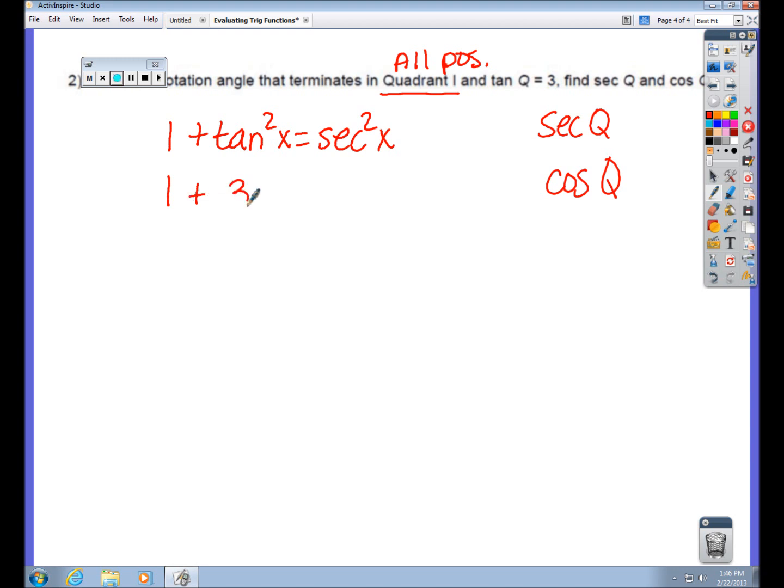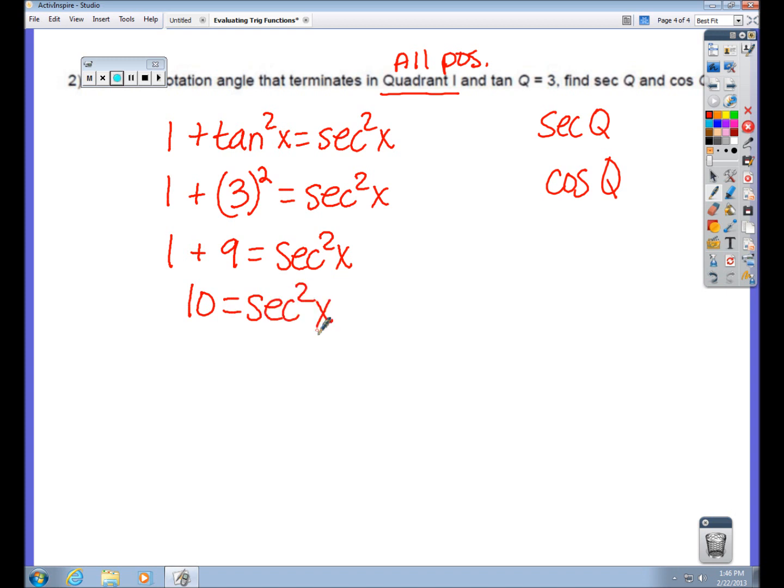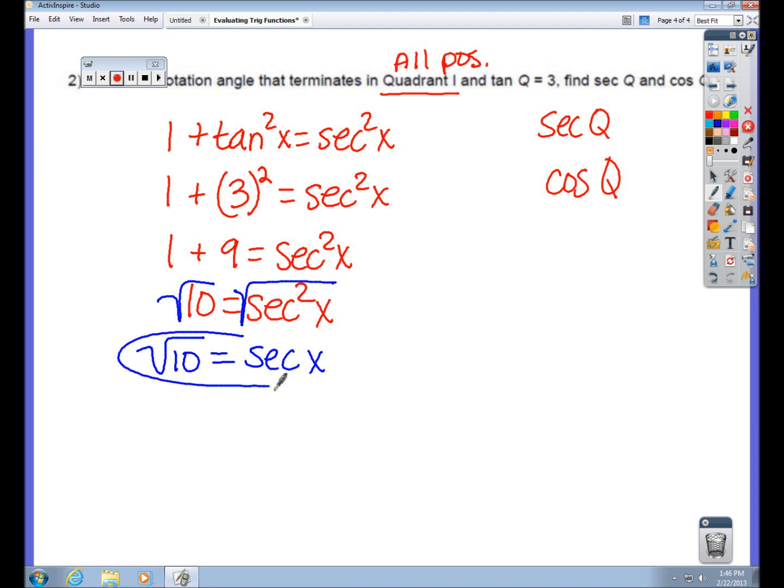Our value for tangent was 3, and we need to square that, equals secant squared. 3 squared is 9, so we've got 1 plus 9 equals secant squared. Add those together, and we've got 10 equals secant squared. We need to find the square root again, because I don't want secant squared, I just want secant. And when we square root this time, remember we said all the values were positive because we are in quadrant 1. So secant x is positive square root of 10. That's one of your answers.